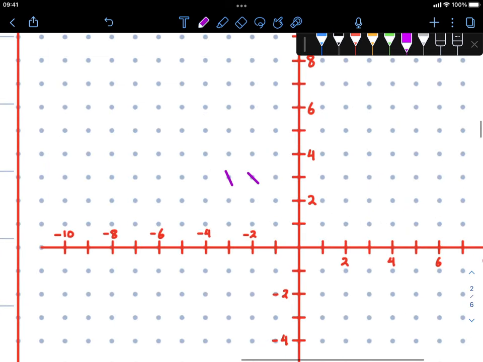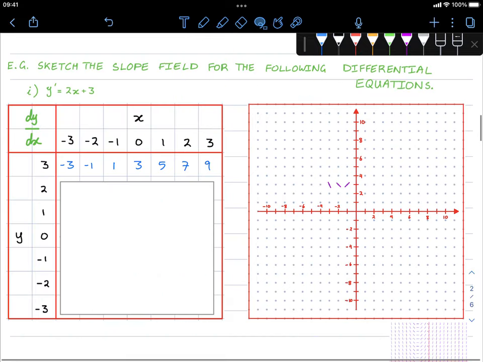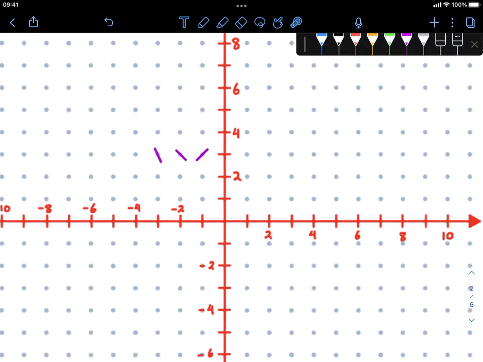So sketching that once again, it would be something like this. And we continue in this manner. At 0, 3, at x equals 0, y equals 3, we have a gradient of positive 3.